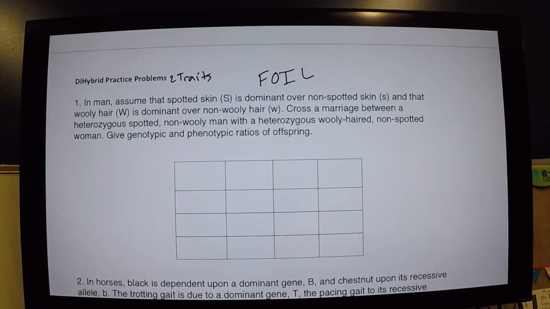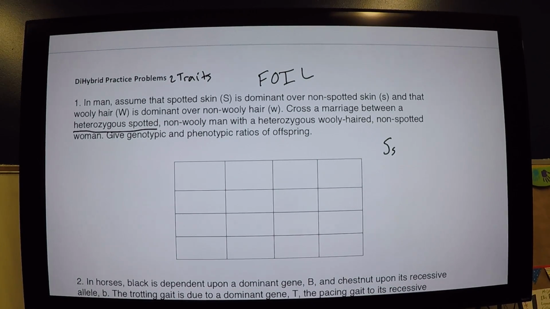So we're going to cross a marriage between a heterozygous spotted man. So spotted has to be with the S. So he is going to be big S, little s, and non-woolly.